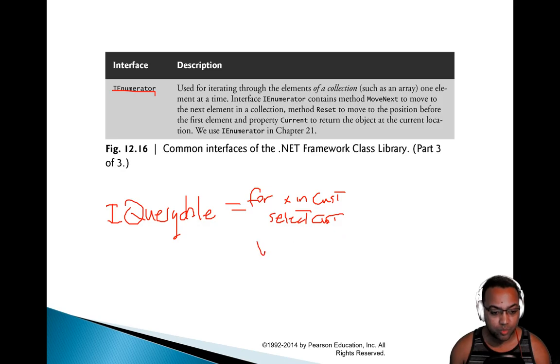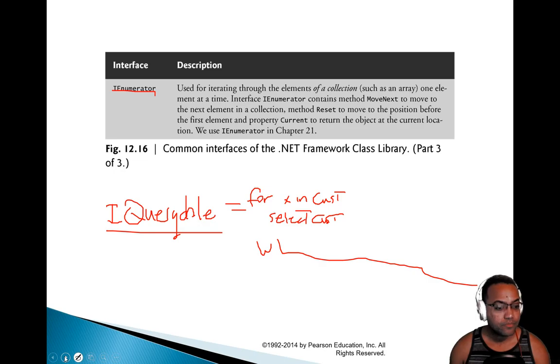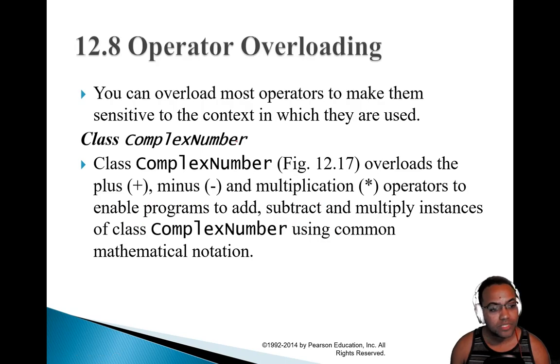So where blah, blah, blah, blah. IQueryable is really nice. IEnumerator allows you to iterate through a collection of an array or a list. Without IEnumerator, it won't work. Or IEnumerable.